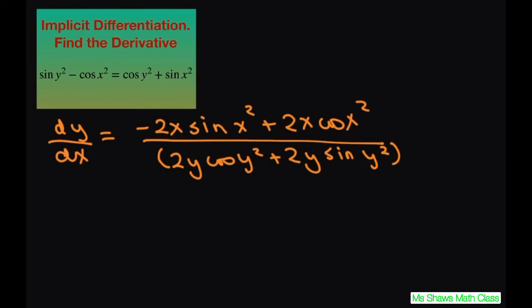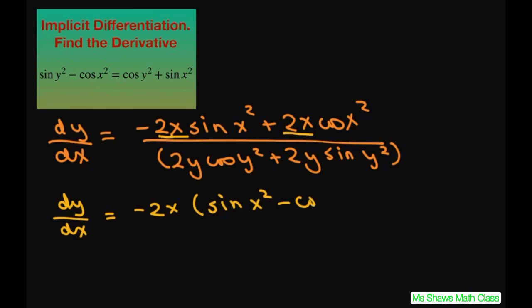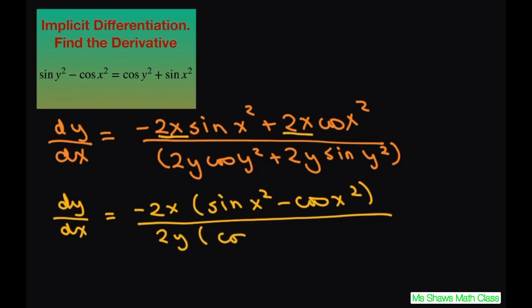If you want to simplify further, we're going to just pull out an x here. If you pull out the 2x, so this would be dy dx equals negative 2x sine x squared minus cosine x squared, and the denominator is going to be 2y times cosine y squared plus sine y squared.